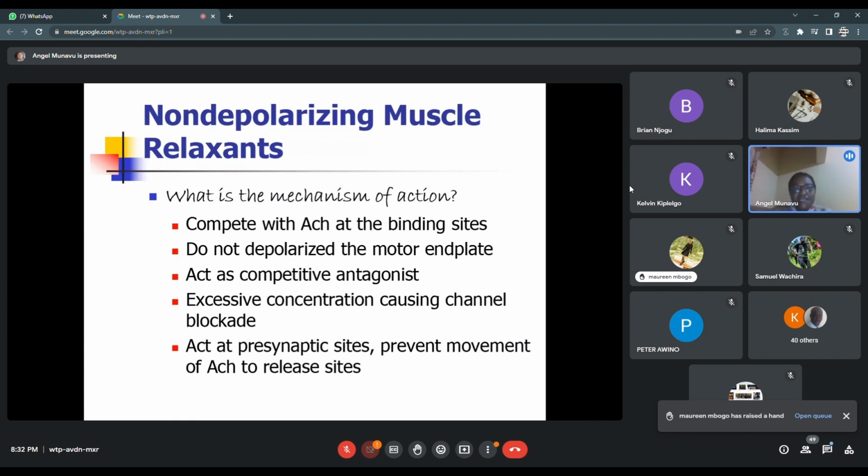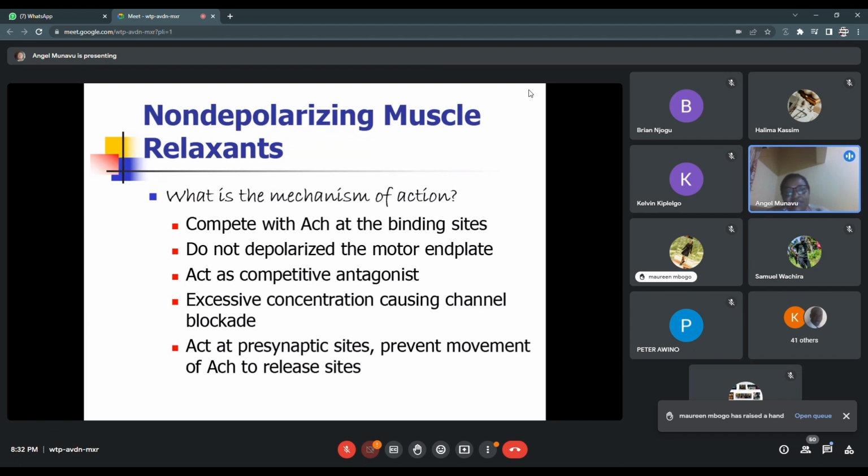Suppose you find the second years in your class in the morning, then we can say those are depolarizing muscle relaxants, because it is the same school. So non-depolarizing muscle relaxants compete at the binding site with acetylcholine, the way nursing students do, and even sometimes you see their teacher coming to tell me, I should be the one in class. So we compete to be in that class. So they compete, but we don't work the same. You're not doing the same course with the nurses, but you compete for that class.